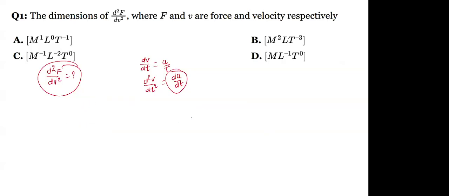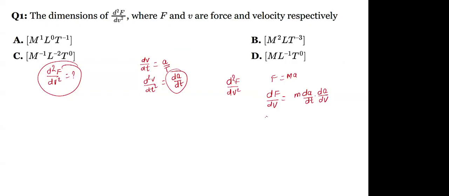Now, another way to do it: d2F over dV square we can derive from F equals ma. If you differentiate this expression with respect to velocity, it will become m dA by dt into dA by dV.